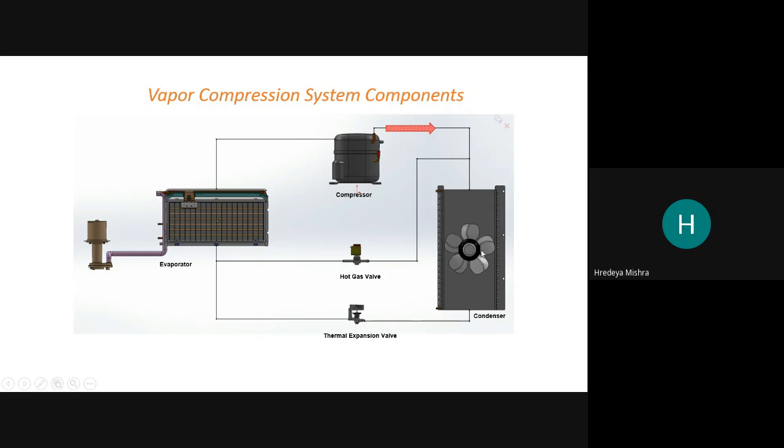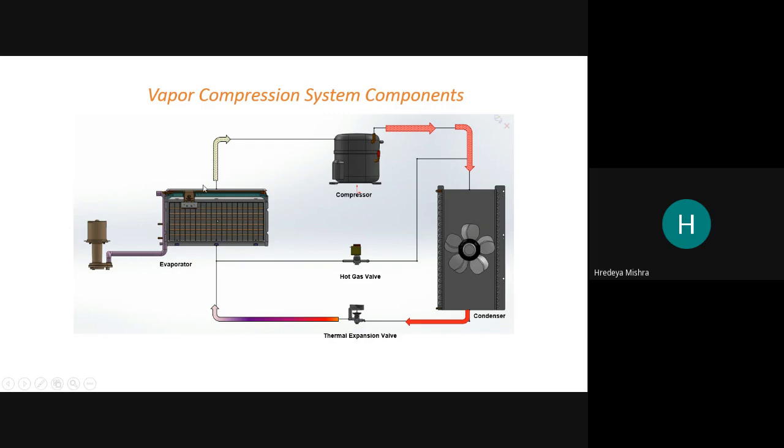This is our condenser, which condenses the gases, and the thermal expansion valve is there. First, from the compressor, compressed gas comes to the condenser. After condensing, it passes through the thermal expansion valve, where the gas is expanded and becomes liquid.